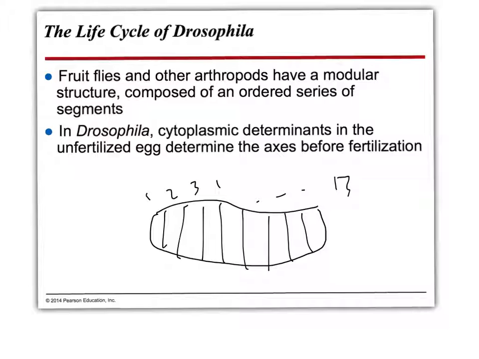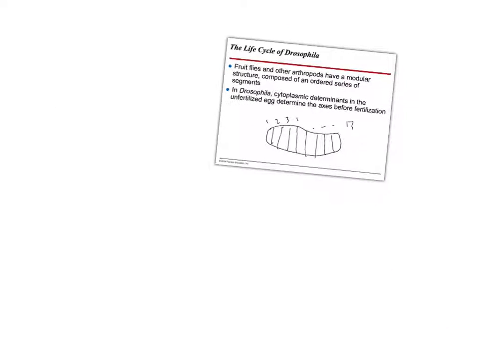So this is a fertilized larva of a fruit fly. But the egg will also look something similar. It'll look something like this. And there's no segments at this point. But you'll see that there is an area that is different.